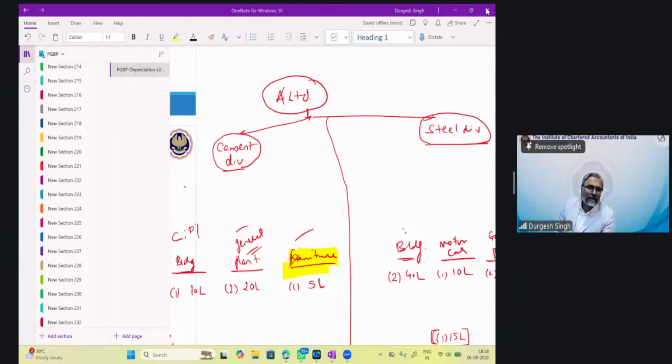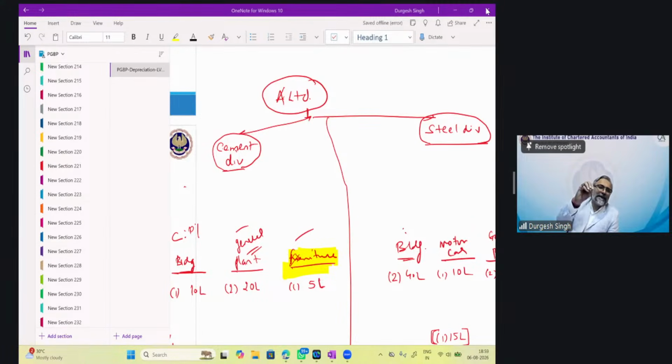The distinction is very clear. The allowance of depreciation is not on the source, it is to the assessee. So till the time the assessee continues, the deduction continues. Whereas for business loss, the 8 years capping applies, and the set off of business loss is given to the source.